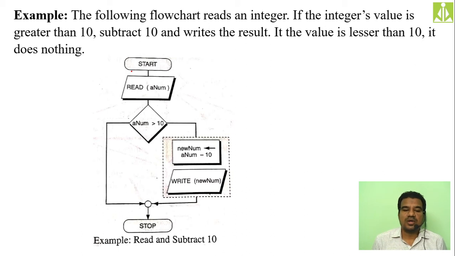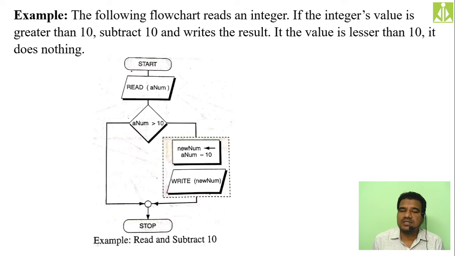Okay, so the following flow chart reads an integer, and if the integer value is greater than 10, subtract 10 and write the result. So whatever value you are reading, first it is comparing that value with 10.